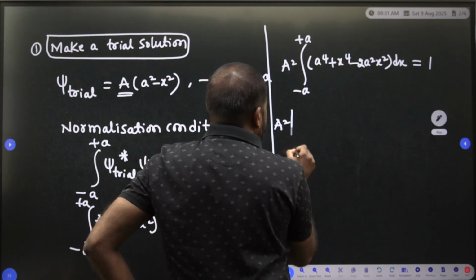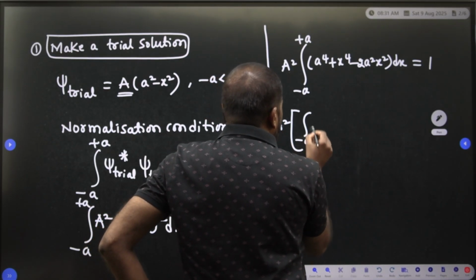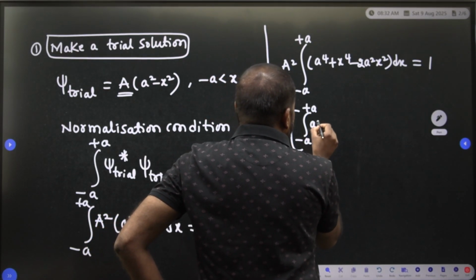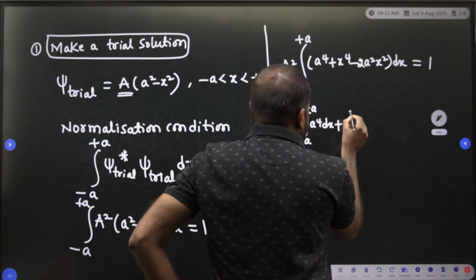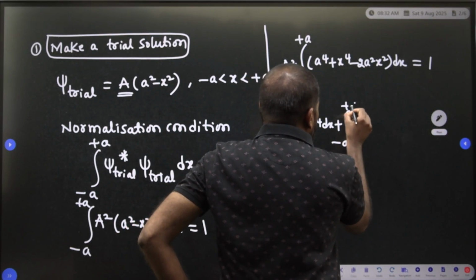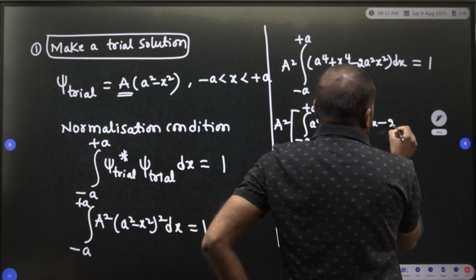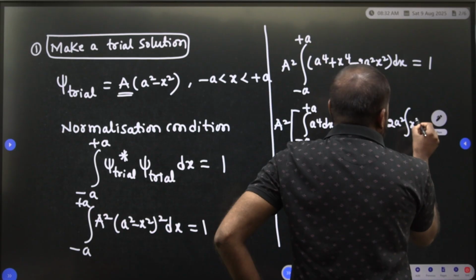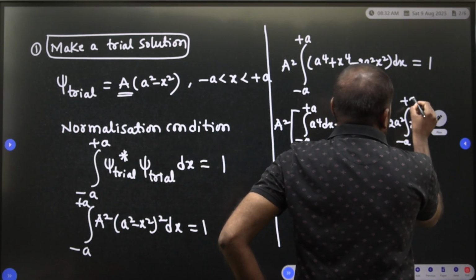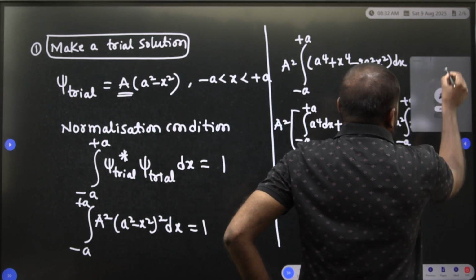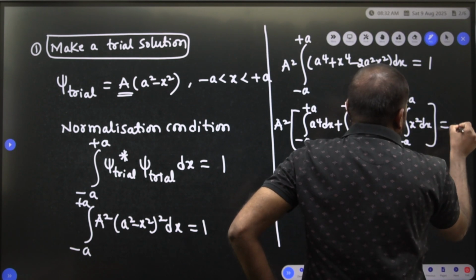Therefore, A square into integral minus a to plus a of a to the power of 4 dx, plus integral minus a to plus a of x to the power of 4 dx, minus 2a square into integral minus a to plus a of x square dx, which is equal to 1.